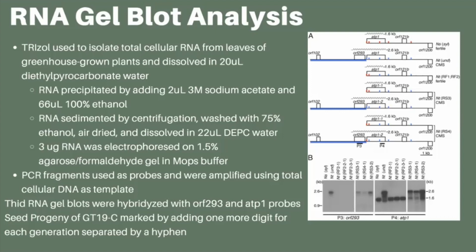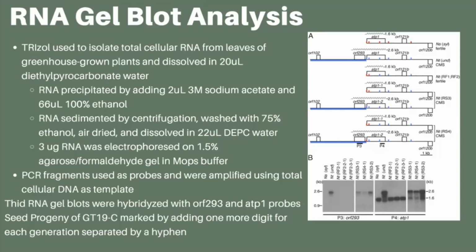RNA is then sedimented by centrifugation, washed with 75% ethanol, air dried, and dissolved in 22 microliters of DEPC water. 3 micrograms of RNA was electrophoresed in 1.5% agarose formaldehyde gel in MOPS buffer. PCR fragments were used as probes and were amplified using total cellular DNA as a template.